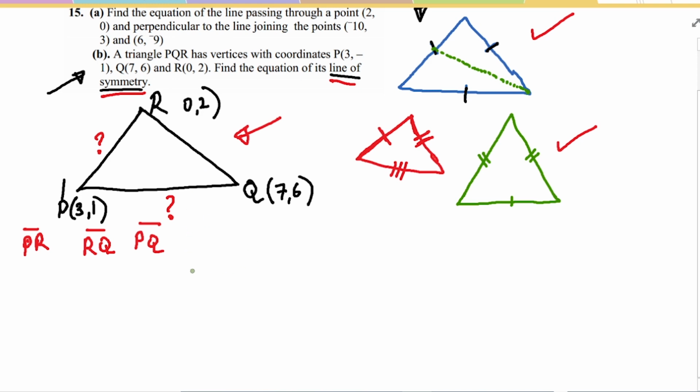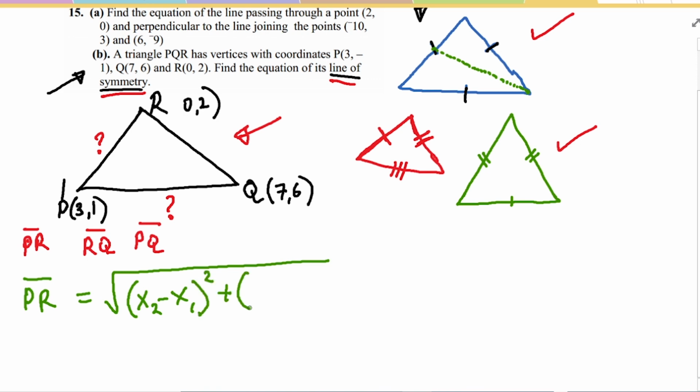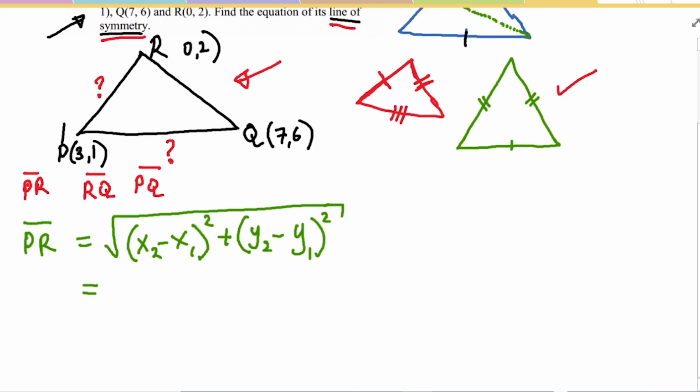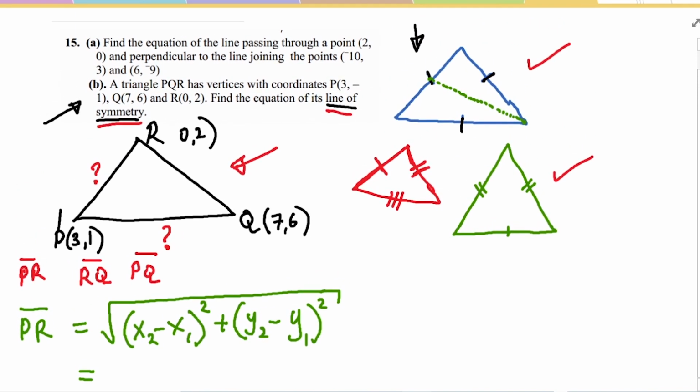So we are finding line PR. The formula is the square root of x2 minus x1 squared plus y2 minus y1 squared. Now what is our x2 and our x1? We have our value of p and our value of r. P here is 3, -1. This is -1, let's not make that mistake.